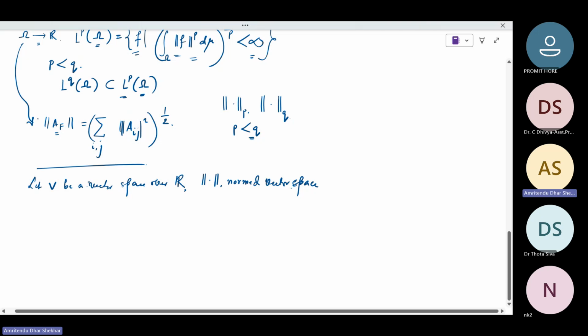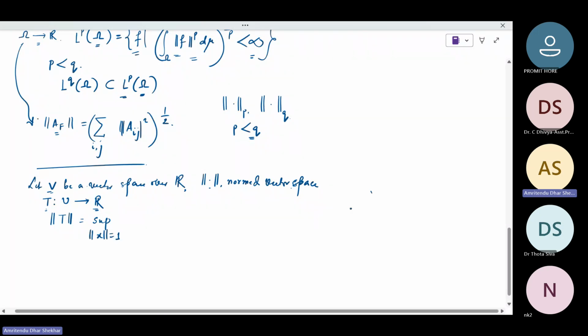Then you define it. If you have any linear transformation T from V to R, so I'm talking about general linear transformations, but if V is a finite dimensional vector space, then you can think of this T as also being a matrix. Then you define the operator norm of T with respect to the same norm over here. This is defined as the supremum over x belonging to the unit sphere, of ||Tx||.